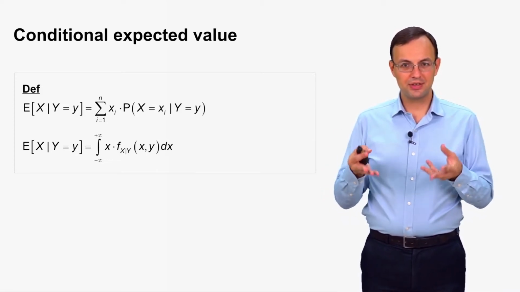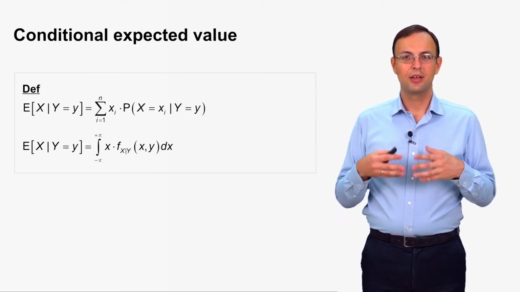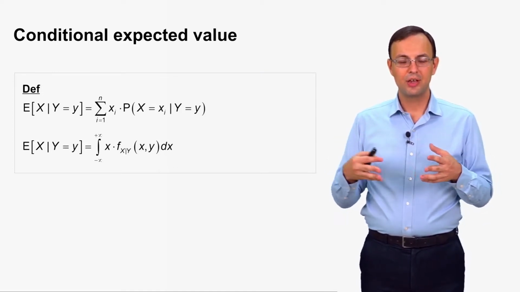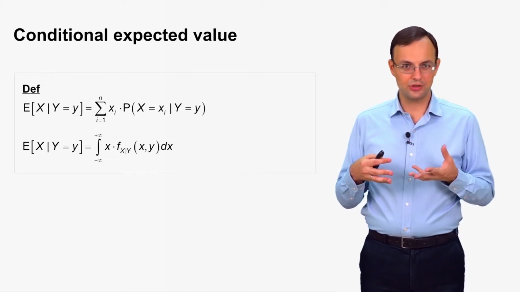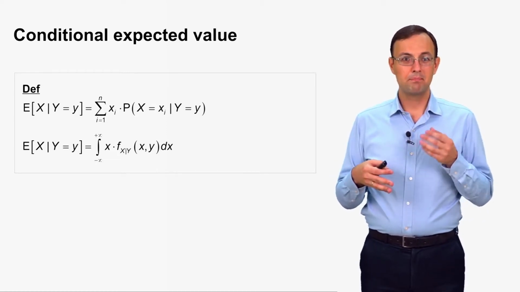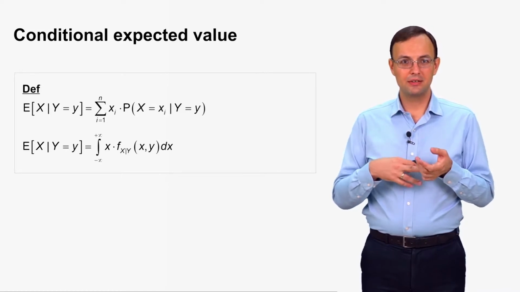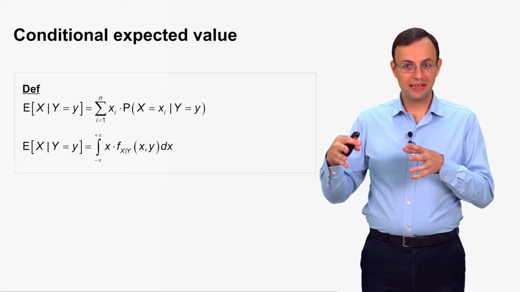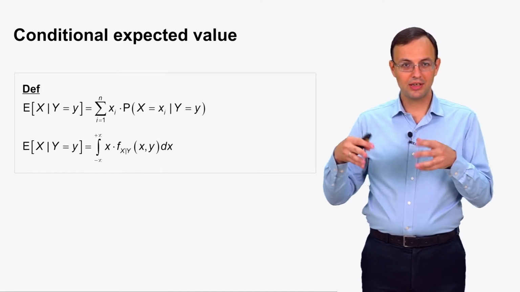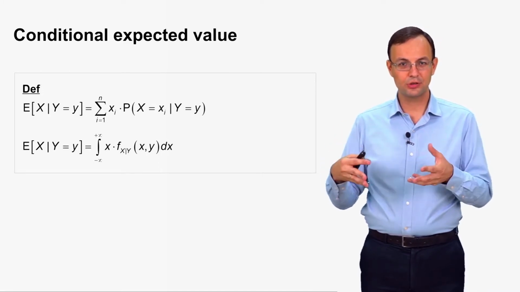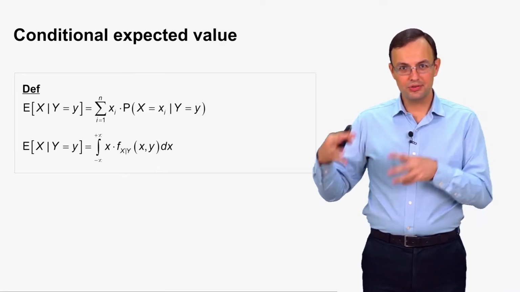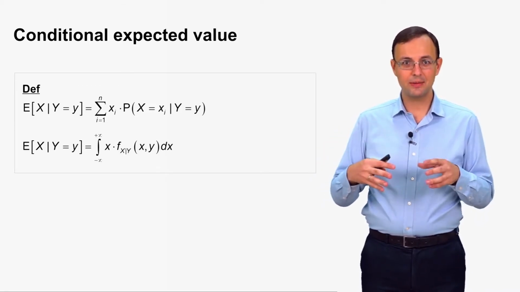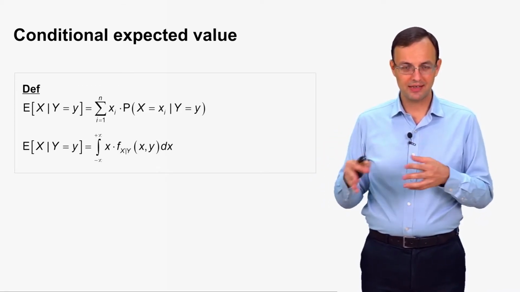As you can see in this definition, the conditional expected value is defined like an ordinary one, but in the discrete case, the probabilities are conditional. Instead of ordinary probabilities, we see conditional probabilities. And in the continuous case, instead of the ordinary PDF, we see the conditional PDF of x given y.